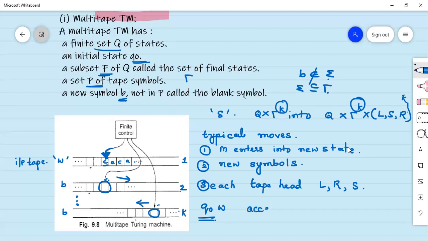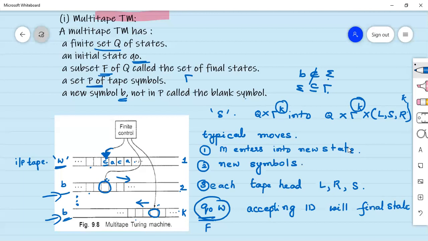So an accepting ID will have a final state, and it will also have some strings in each one of these tapes, right? So the initial ID is, when we begin, this is W, this is blank, and all others are blank.